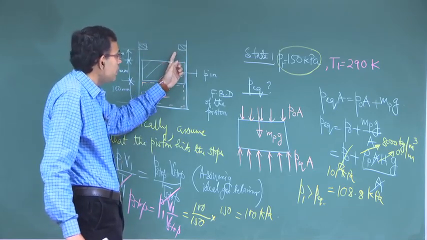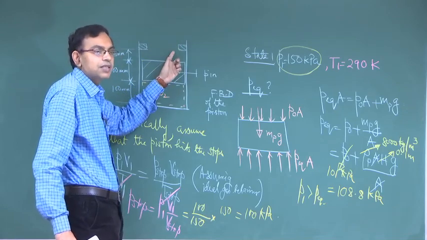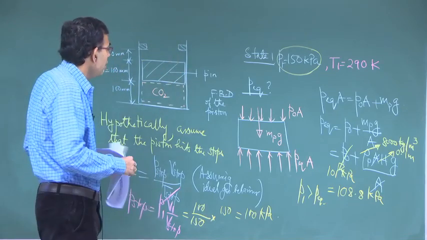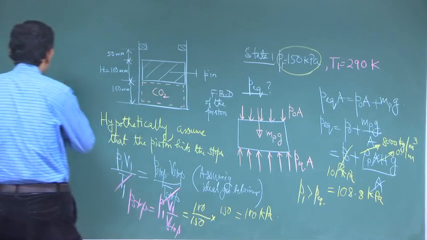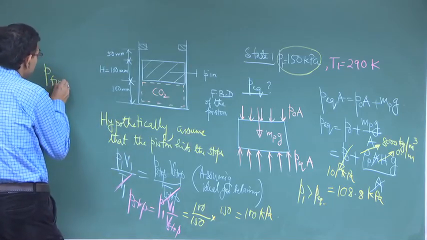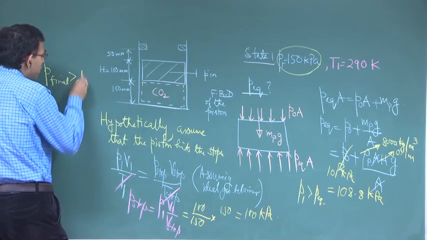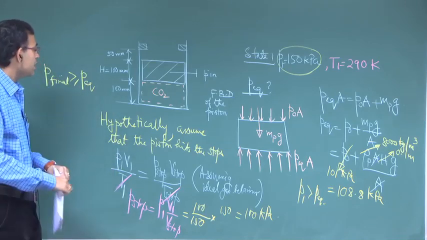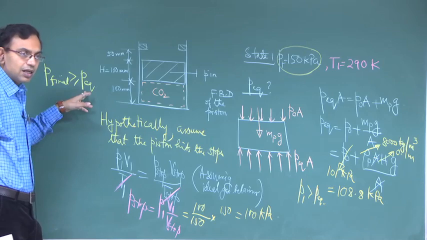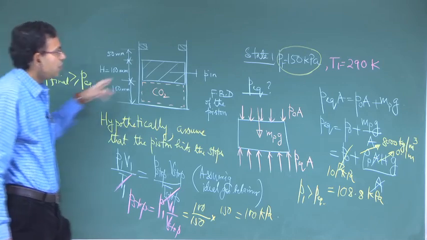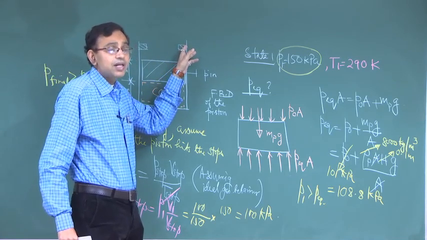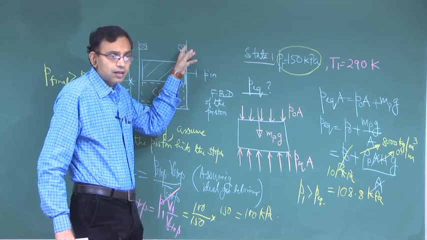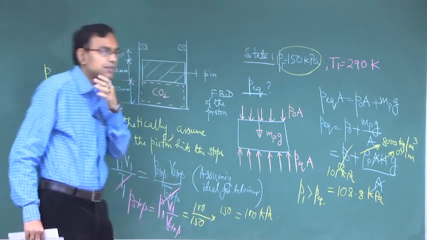Why? Because it wants to go further, but the stops are preventing that. So, the final pressure has to be greater than or equal to the equilibrium pressure. It is equal to the equilibrium pressure if it is not hitting the stops, but if it is hitting the stops, the pressure will be greater than the equilibrium pressure.